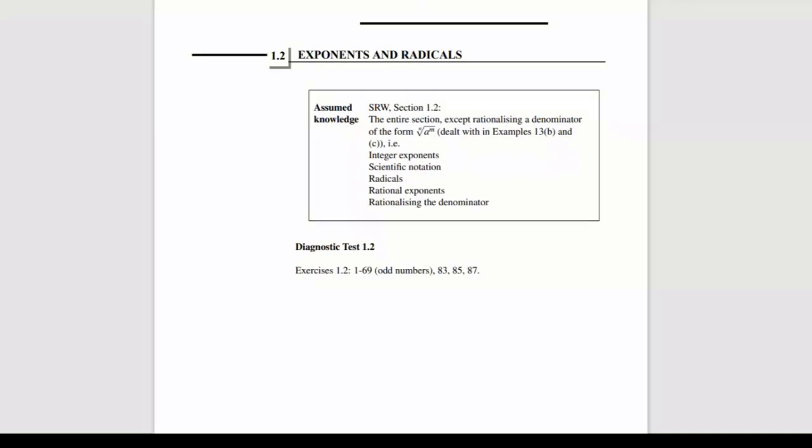Maybe we can look at one or two problems then, guys. We can just look at one or two problems of rationalizing denominators and stuff. Look at this one, rationalizing denominators. I trust you guys are fine with scientific notation.